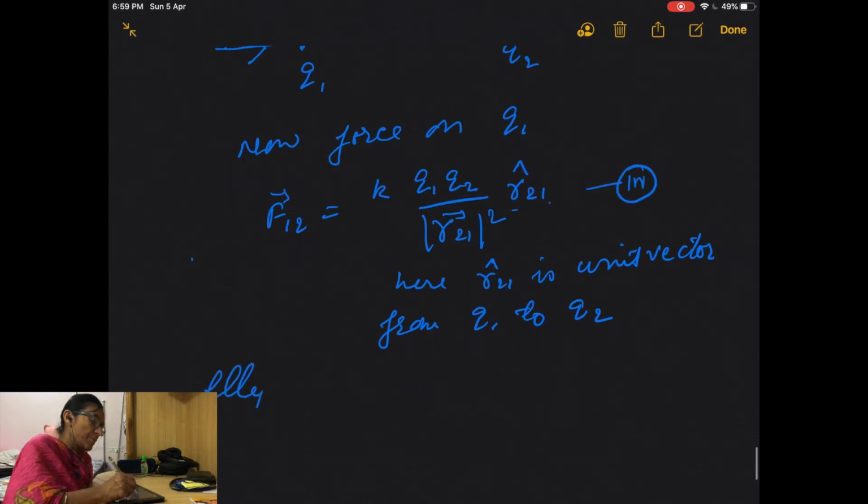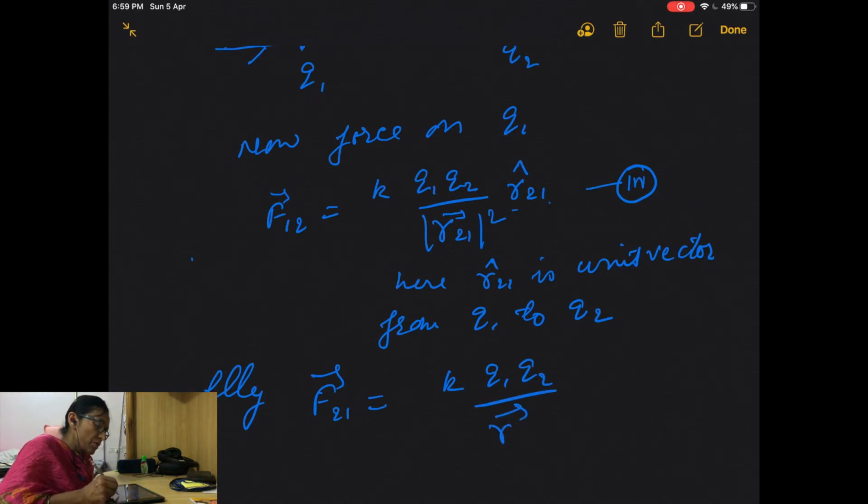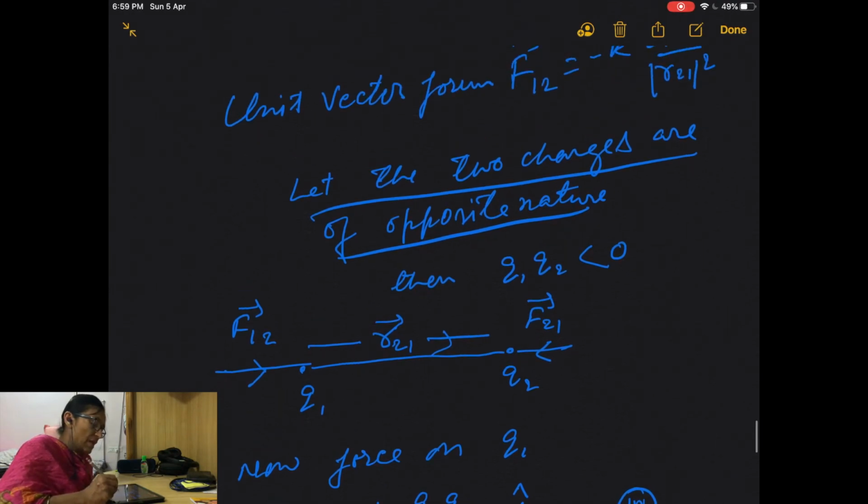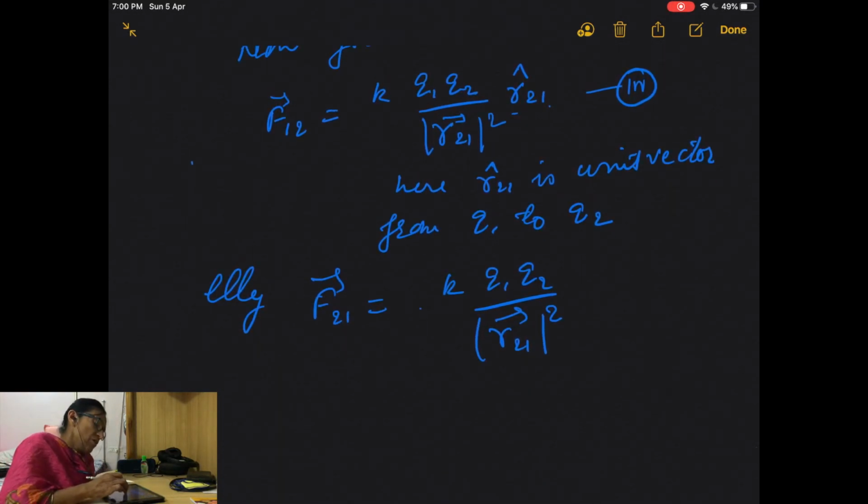Similarly, F21 vector is equal to K Q1 Q2 divided by modulus of R21 vector square. And from this diagram, you can say that the force vector direction and R21 vector direction are opposite. So while writing the direction of the unit vector of force F21, we have to put a negative sign here, minus R21 cap.